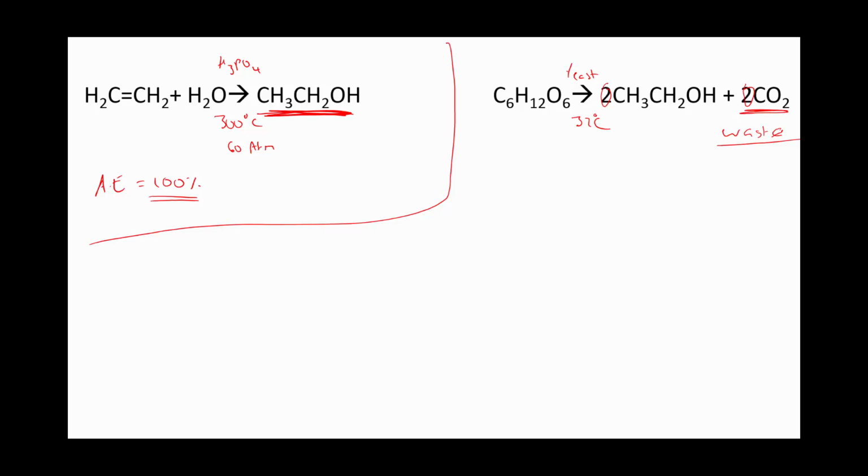So let's start off. Atom economy is going to equal the molecular mass of the desired product, being ethanol in this situation. Now, ethanol has a molecular mass of 46. However, we have to bear in mind that we're forming 2 moles of this, so 46 times 2. And then we're going to divide it by the sum of all the products formed. So in this case, we're forming ethanol, again 2 moles, plus we're forming 2 moles of carbon dioxide. The Mr of carbon dioxide is 44.